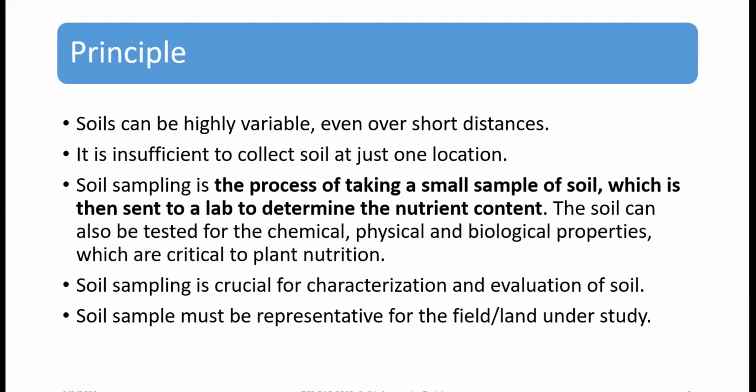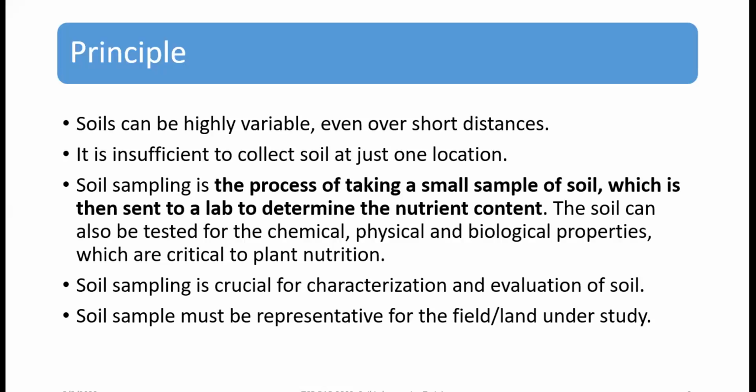All of these lead to the process of characterization. Then you have to evaluate based on the results. You have to make an interpretation to say whether this land is suitable for agriculture or not, or suitable but with some deficiencies. But this process of evaluation is the second phase after characterization.